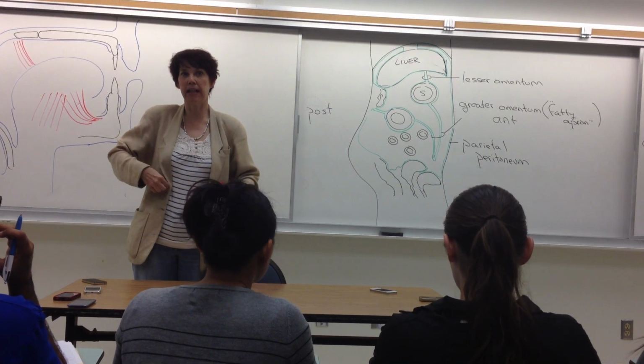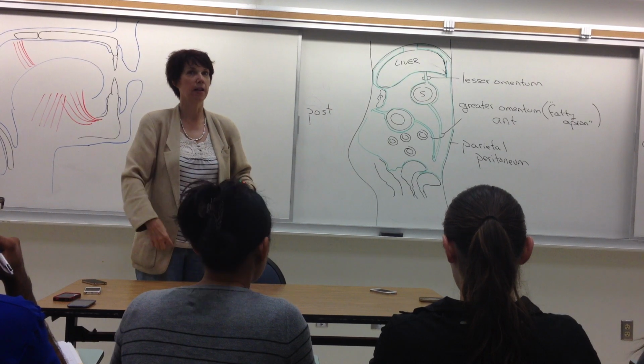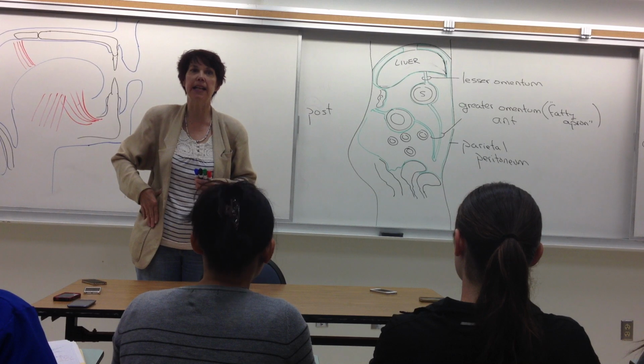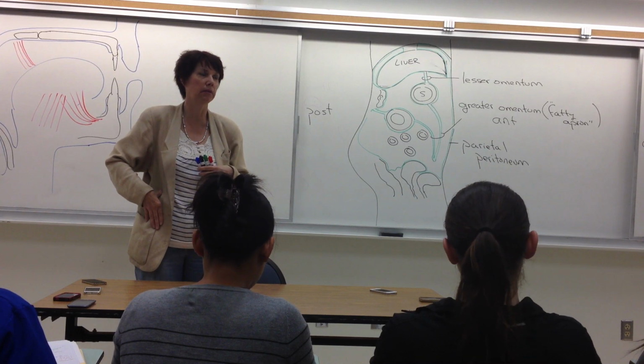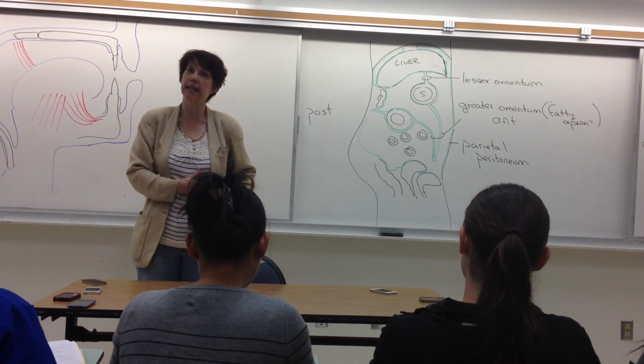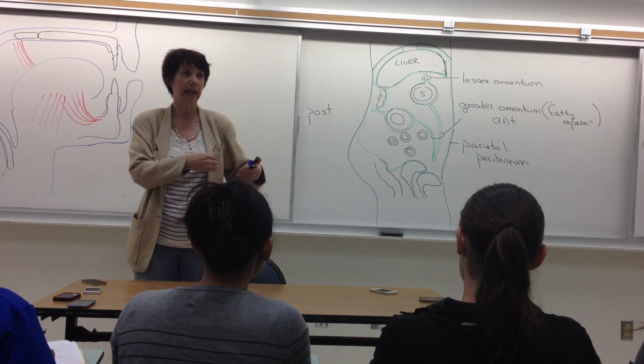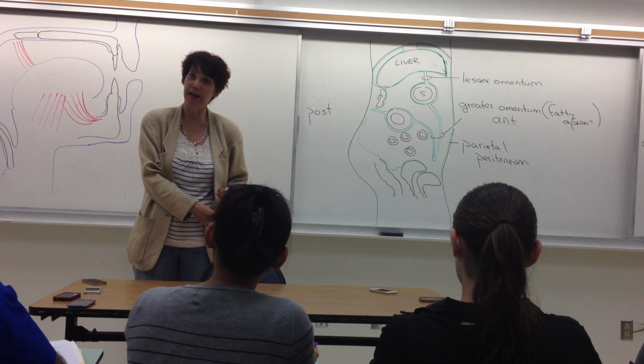Remember, the colon is kind of like an upside down U. So the ascending colon is retroperitoneal. It's held up tight against the posterior parietal abdominal wall. And then the transverse colon is intraperitoneal. It's suspended by a mesocolon. The descending colon is retroperitoneal.